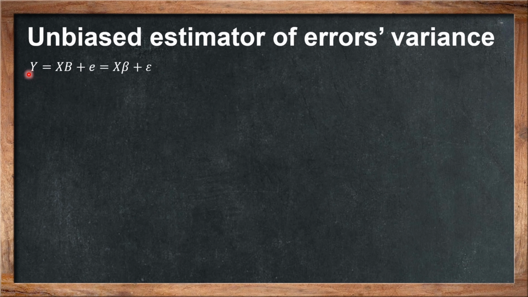Take a look at this equation. We can write in a matrix notation that y is equal to Xb plus e, which is also equal to X beta plus epsilon. And beta and epsilon in this case are the true parameters and the true residuals, the true errors of the model, which we don't know since we are only working with the sample.